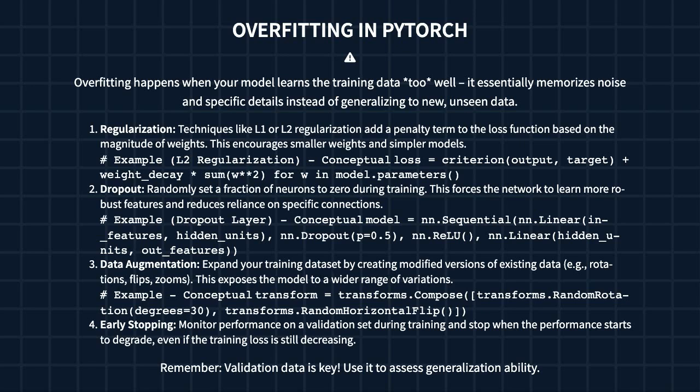Dropout randomly turns off neurons during training, forcing the network to learn more robust features. Data augmentation is also really useful. It's a way of expanding your training set by creating slightly different versions of your existing data. And finally, early stopping: monitoring performance on a validation dataset and stopping training when you start seeing things get worse. That's crucial for preventing overfitting.